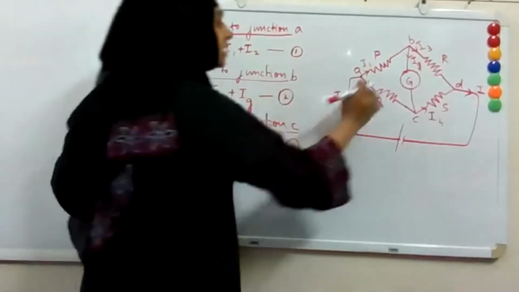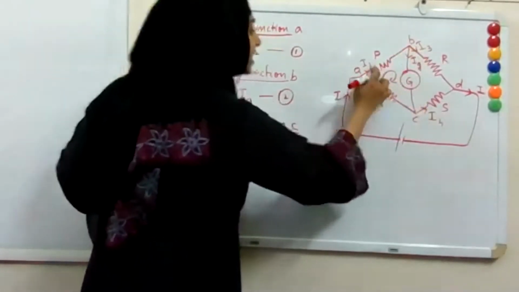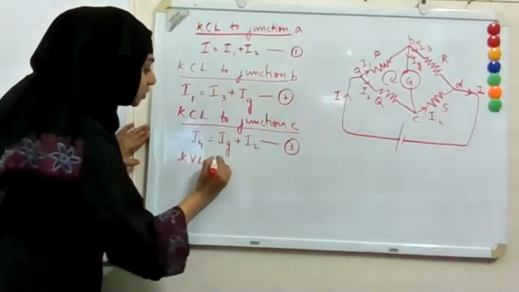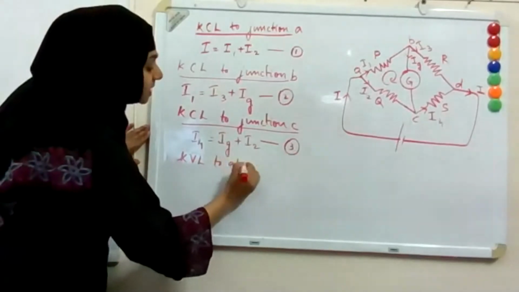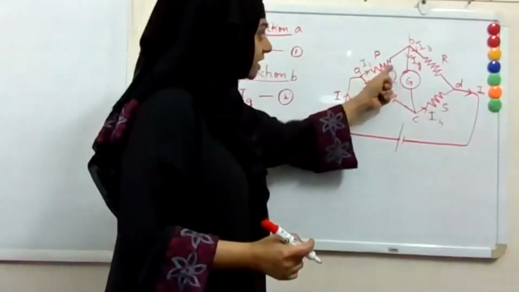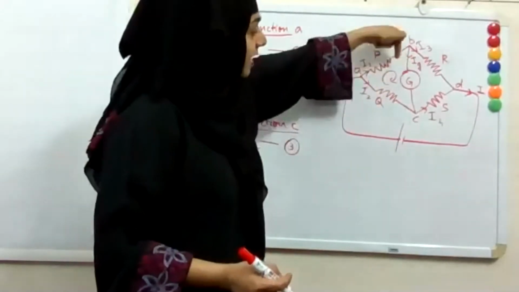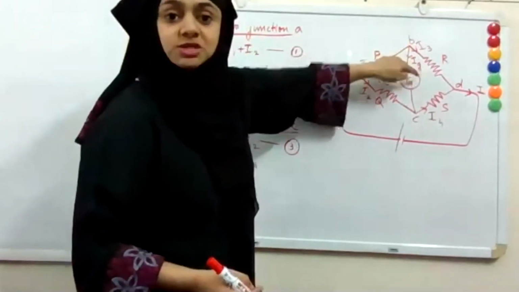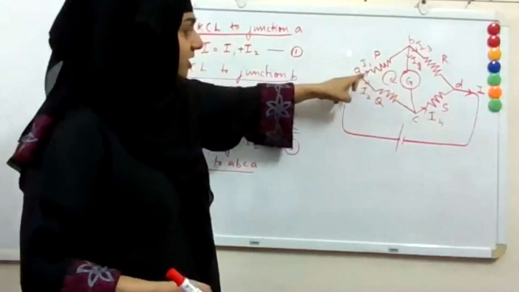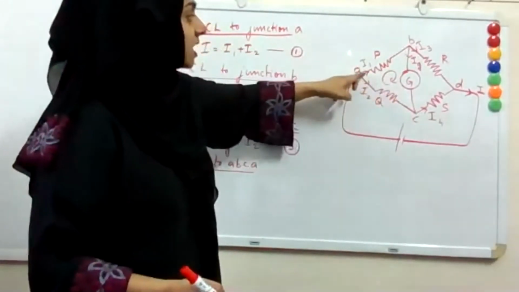Now let me apply Kirchhoff's voltage law to the loop a, b, c, a. When I go from a, I1P, where P is the resistance, and let us take the galvanometer resistance as G, so plus IGG, and when I reach here, I am going in a direction opposite to I2, so minus I2Q.